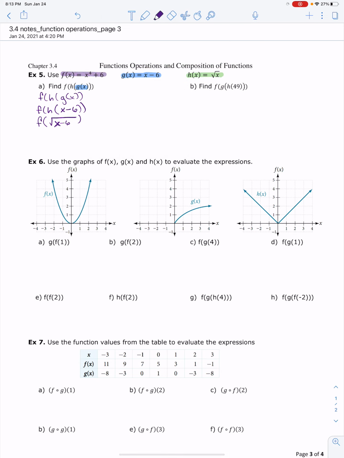And then finally, f of x, so that square root of x minus 6 gets raised to the 4th power, and we add 6. So f of h of g of x ends up being square root of x minus 6, all raised to the 4th power, plus 6. We can simplify that.